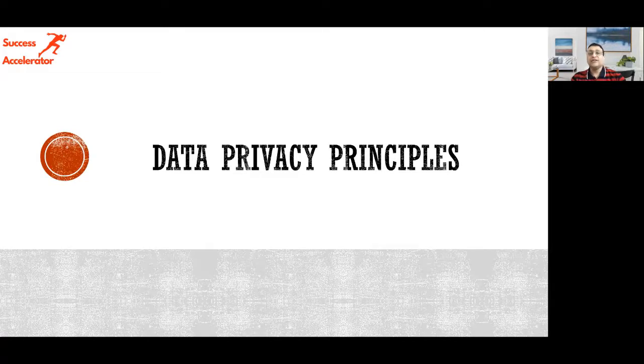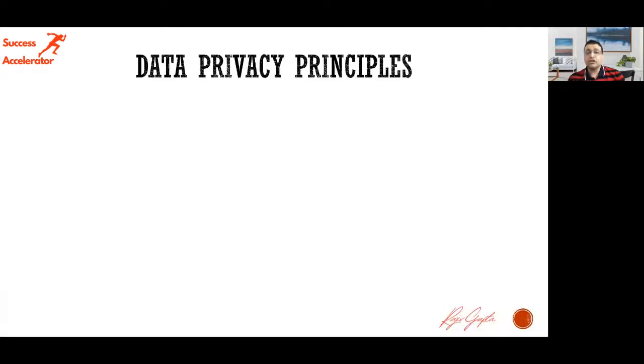With that, we move to the next topic, which is data privacy. You would have seen that more and more countries are now increasing their focus on data privacy requirements. Many of you would have heard or read about GDPR requirements, which are now applicable to many companies across the globe.